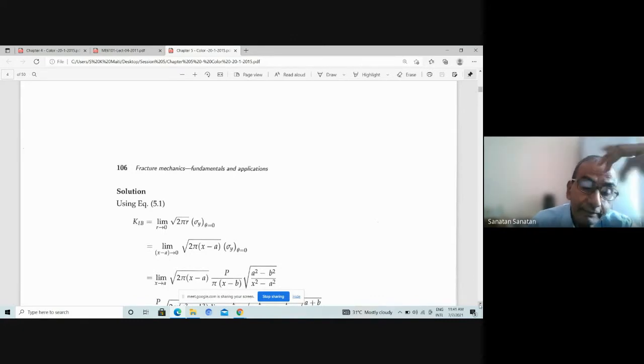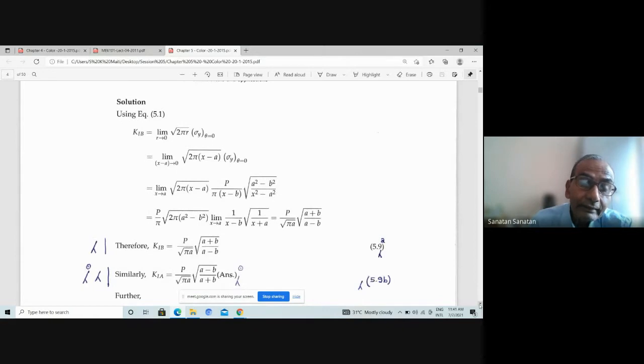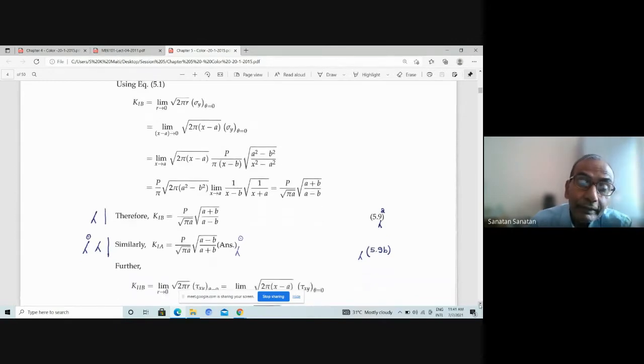So if I take the solutions, then the crack is actually located at, let's say, we try to take the crack center as the origin, then in that case limit x tends to a of square root 2 pi times x minus a, P by pi times x minus b into a square minus b square.